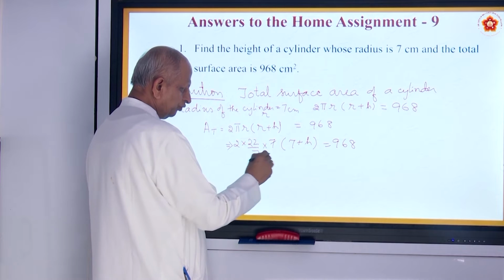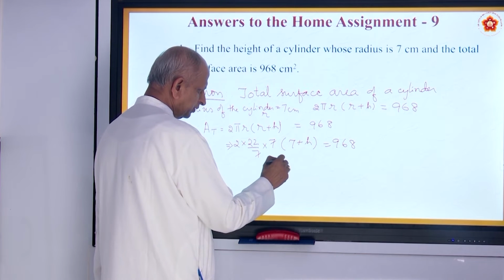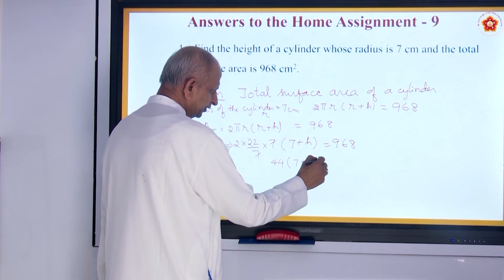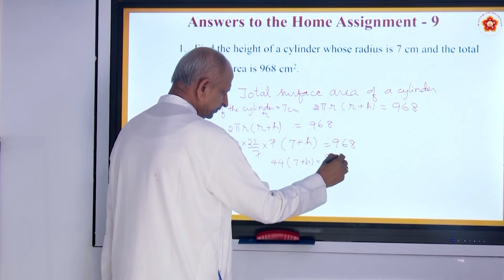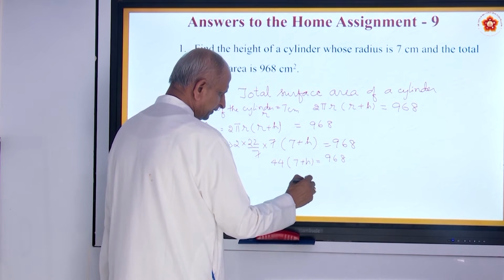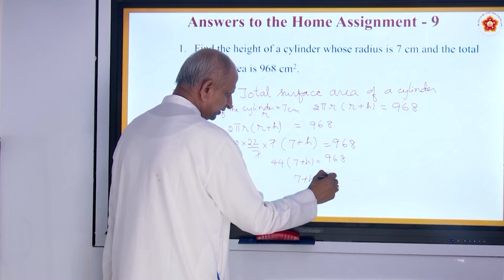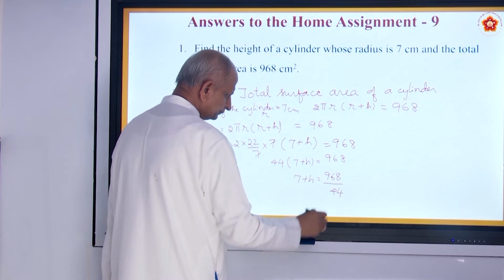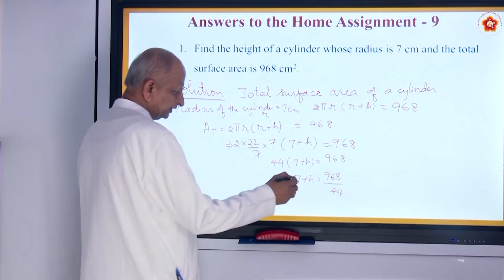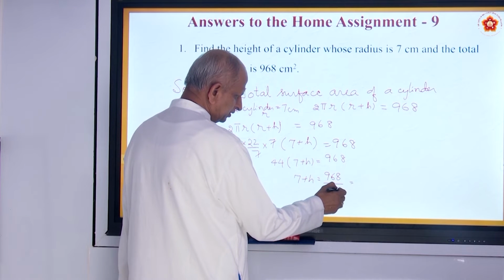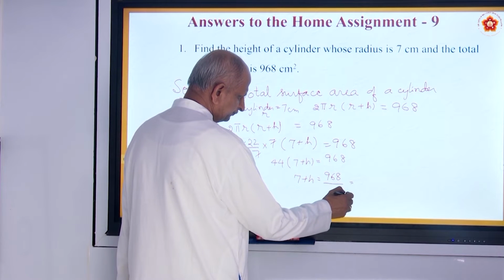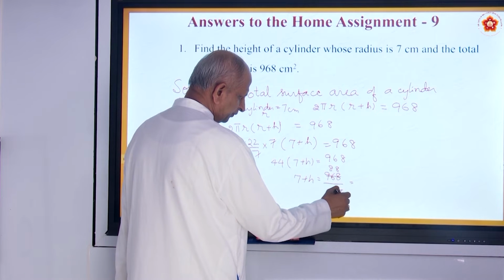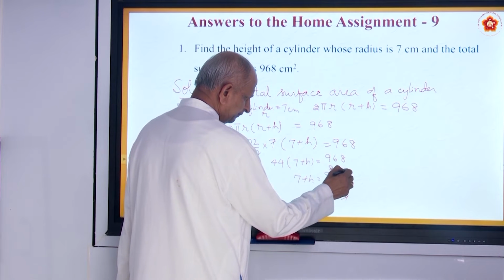Correct? So 44 into 7 plus h is equal to 968. So 7 plus h will be equal to 968 by 44. So this will be, 11 4s are 44, 11 8s are 88, 4 1s are 4, 22s are 968.